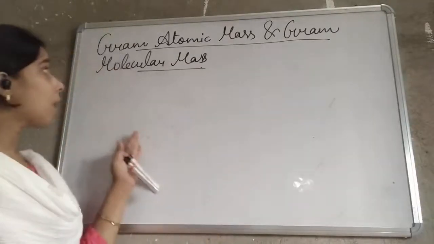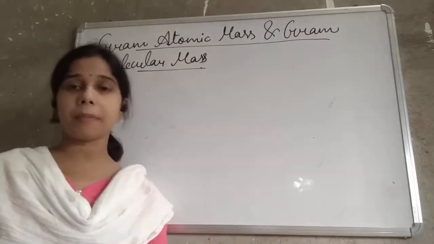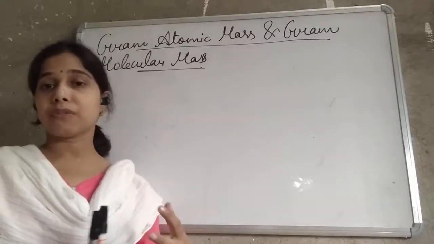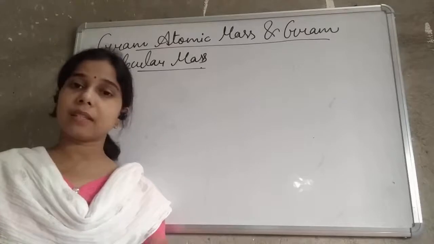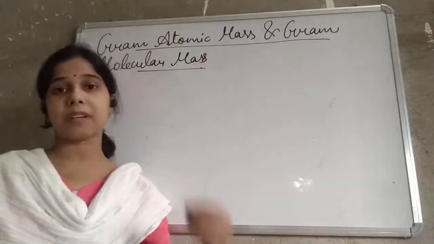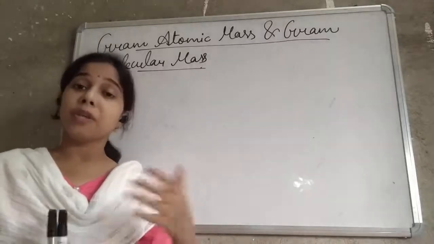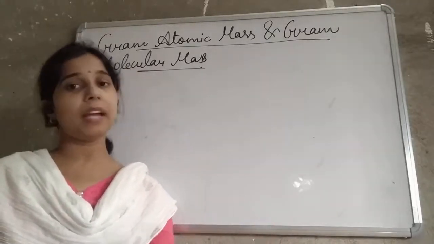Now when we talk about the gram atomic mass, it means the quantity of that particular element in which the mass of the element is represented in gram, and that is numerically equal to the atomic mass of the element.